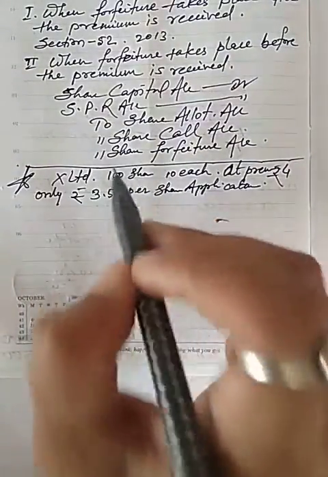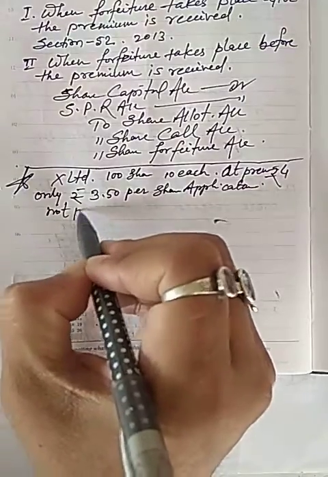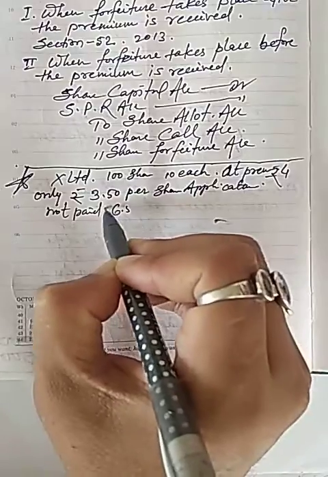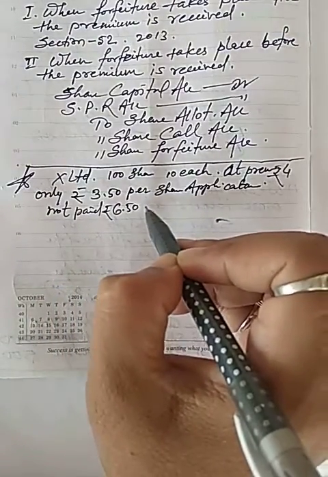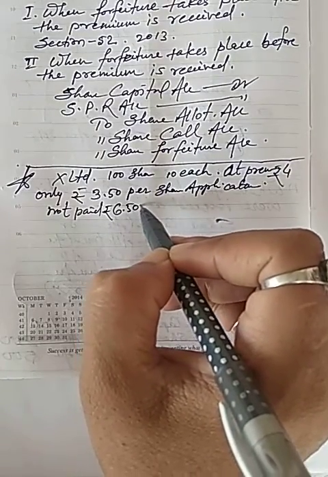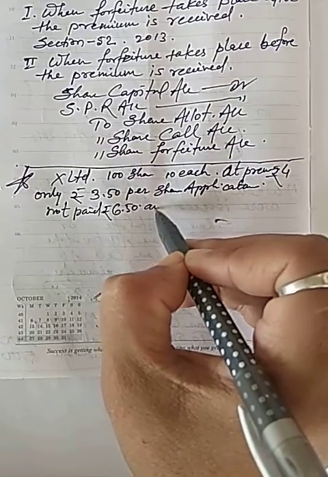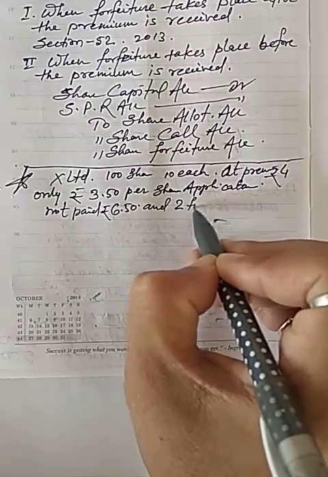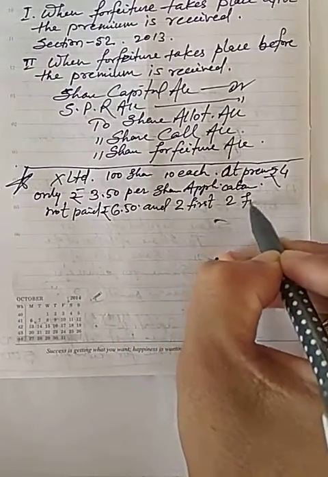Gopal has not paid rupees 6.50 on allotment including premium, and 2 on first call and 2 on final call.